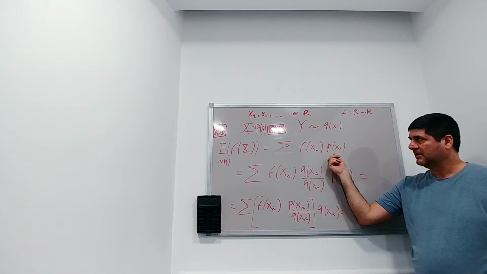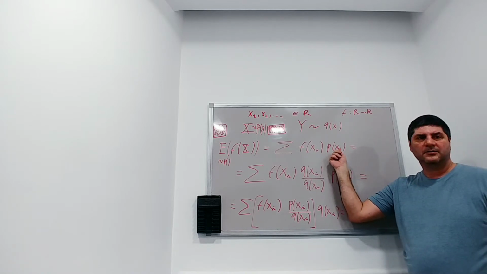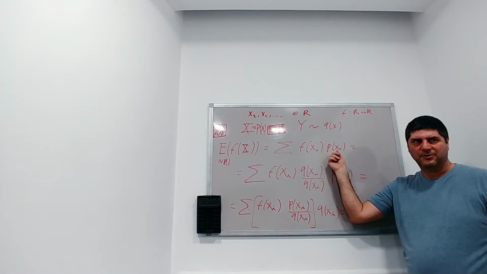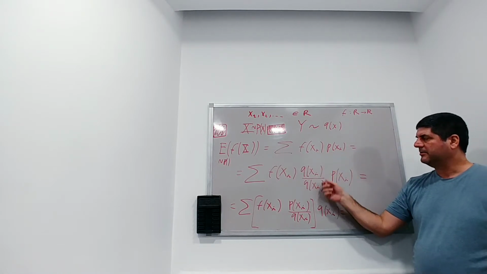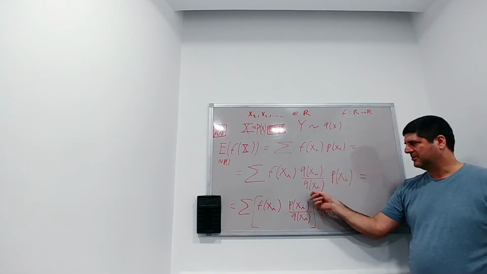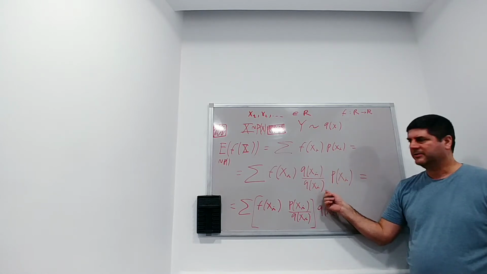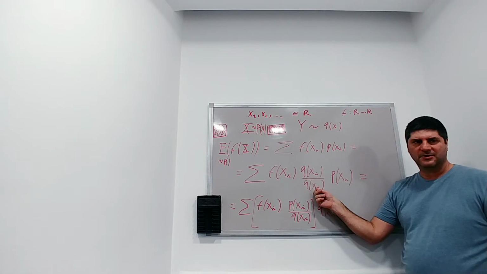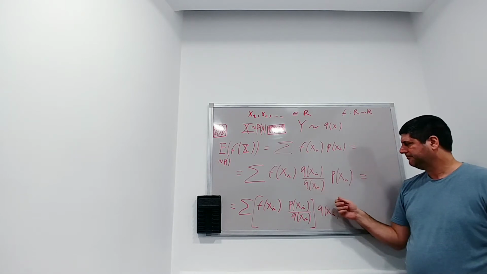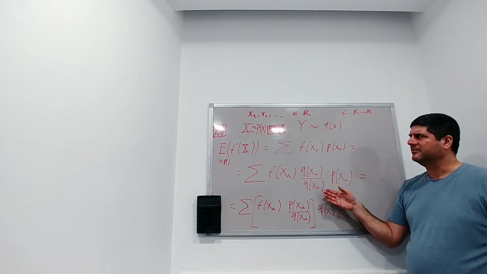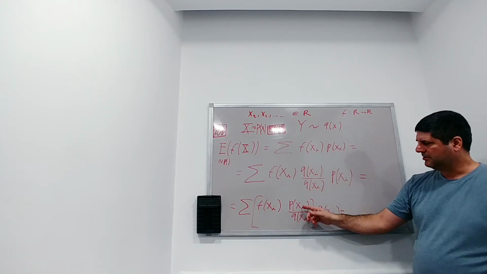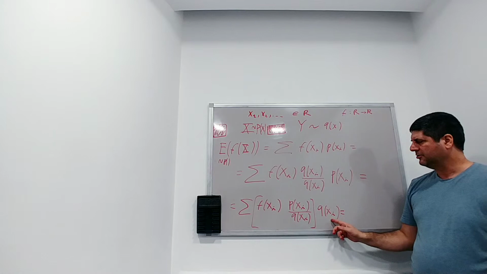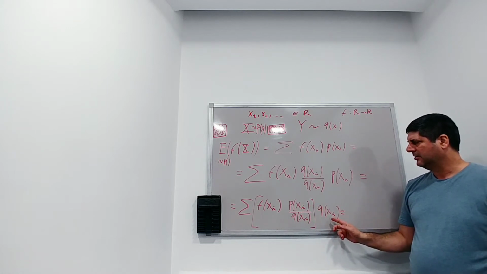The problem is that I'm not sampling with P. I'm sampling with Q. So what I do is I write this, which means that whenever this is different than 0, this is different than 0. If both of them are 0, it doesn't matter. And then I'm changing the places here.